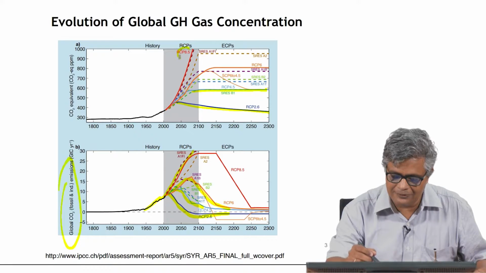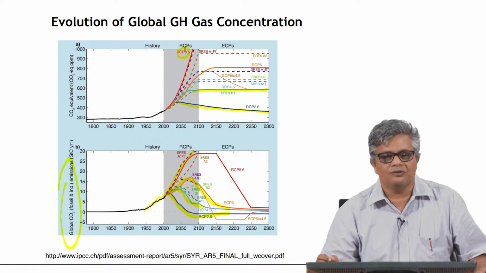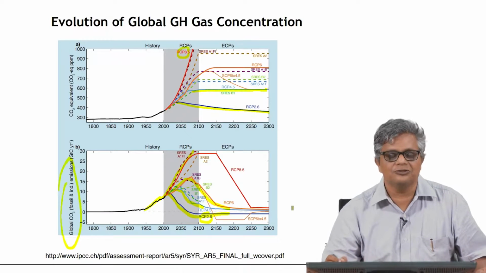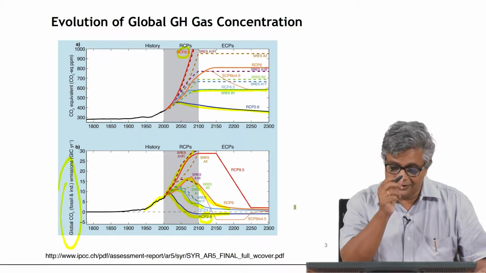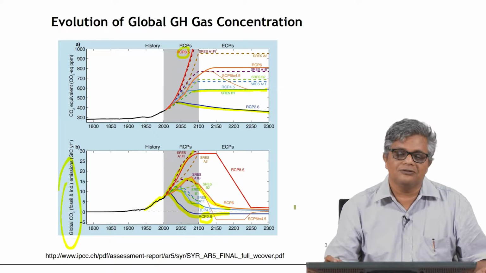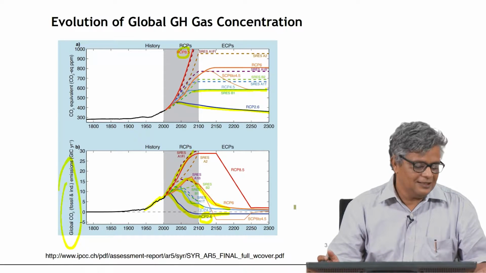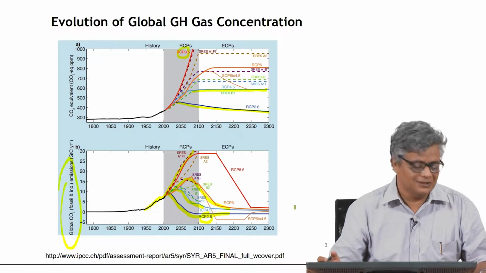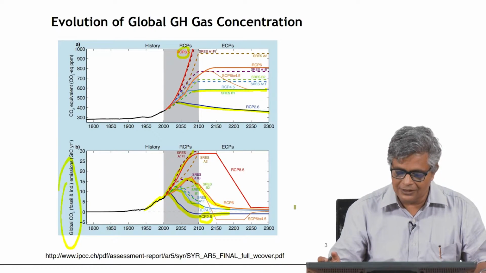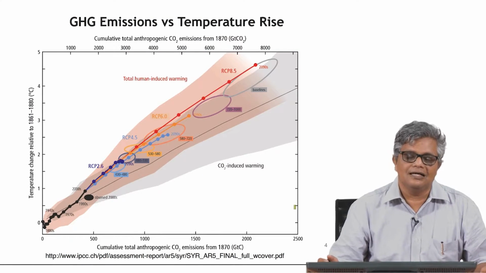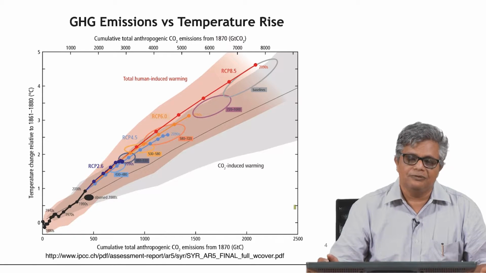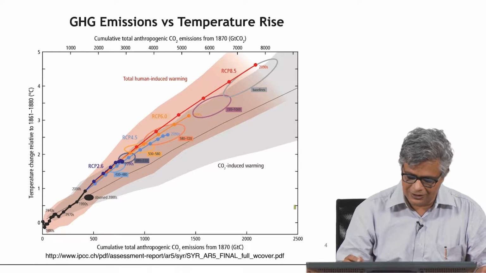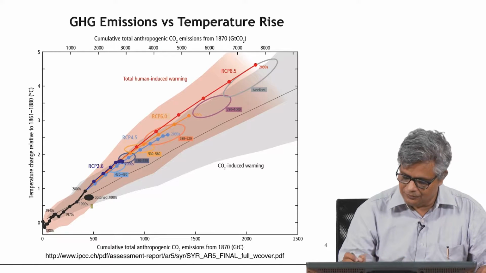RCP 8.5 means 8.5 watt per meter square, and RCP 2.6 means that 2.6 watt per meter square is the radiative forcing, compared to an incident value of around 340 watt per meter square. Something like that can have a large effect on the global atmospheric temperature, which is shown in this particular path.